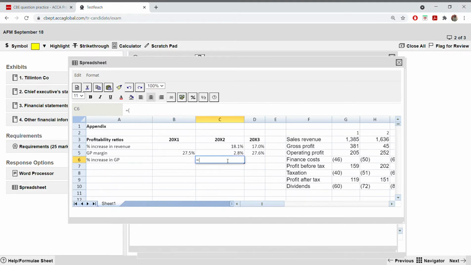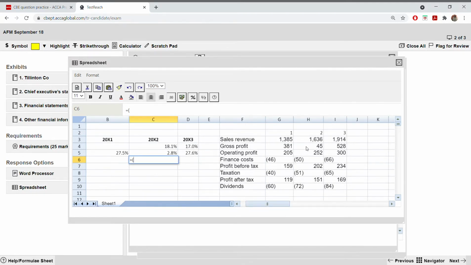So when you see the gross profit, it will come in negative, because the gross profit in the second year is much less than the first year. But still, when you take it, take this minus this, divide by this.